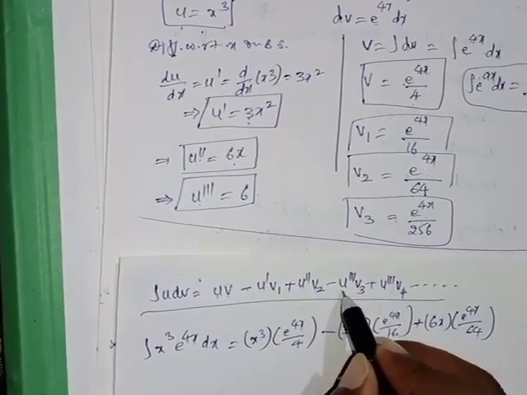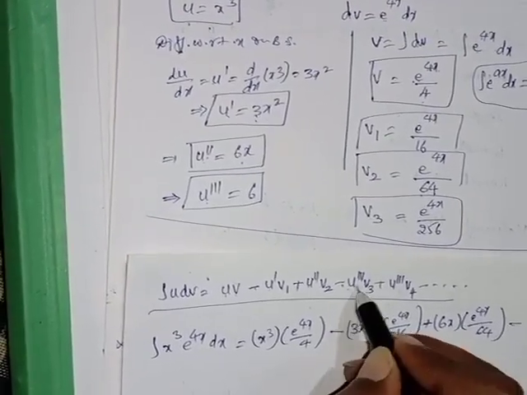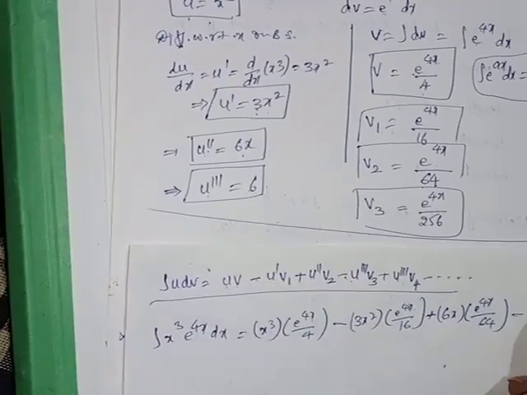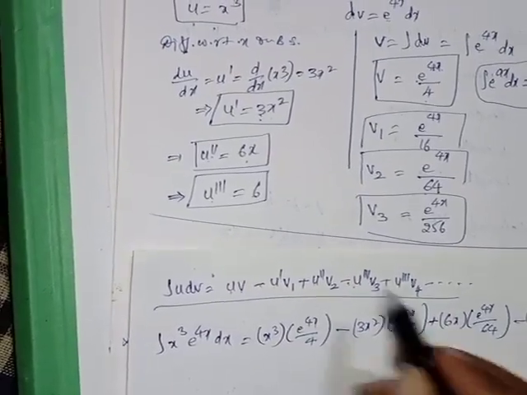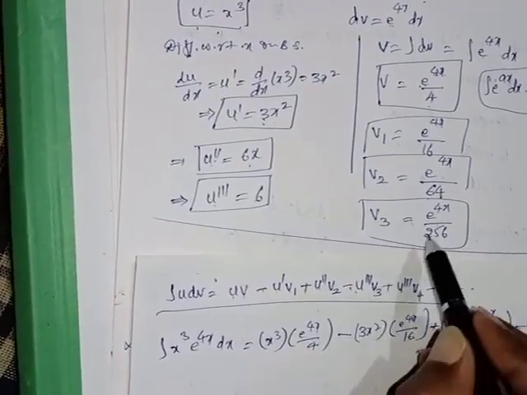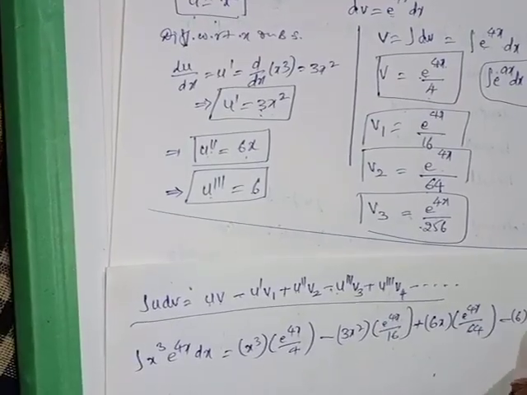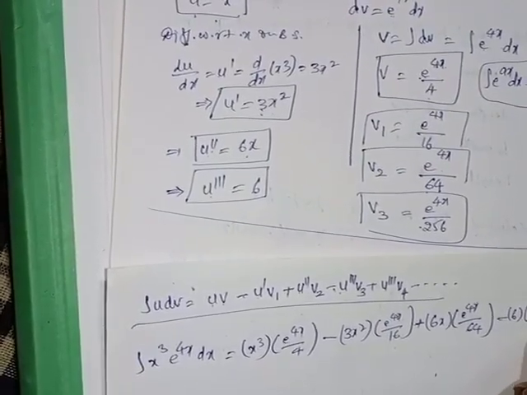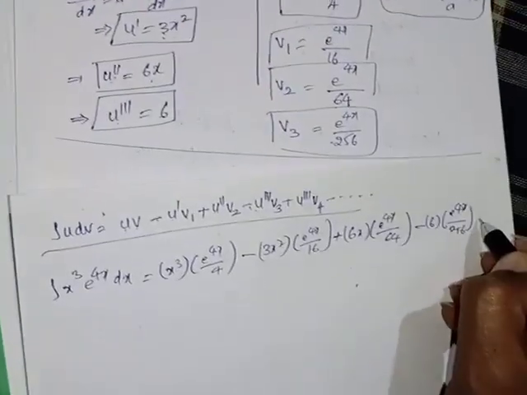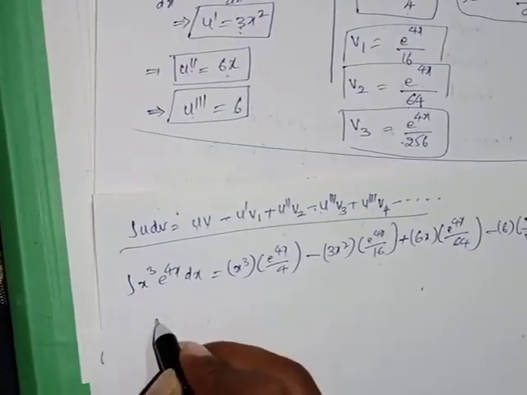Next minus u triple dash value, 6, into v3 value, e power 4x upon 256, plus c.